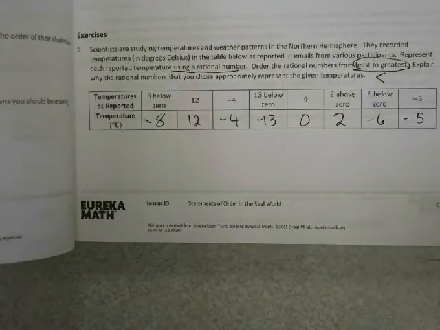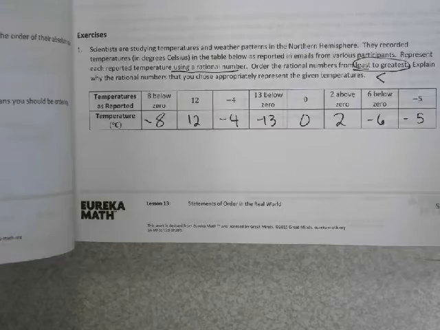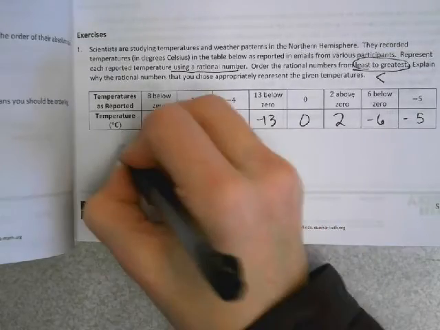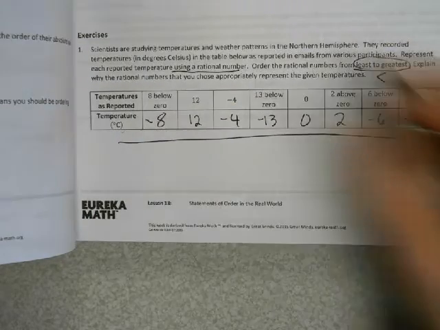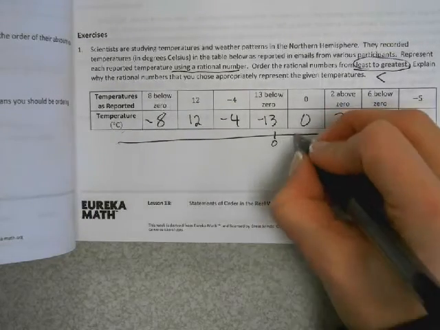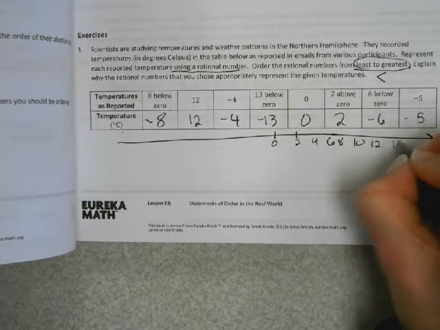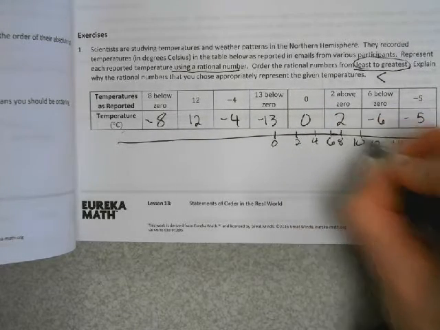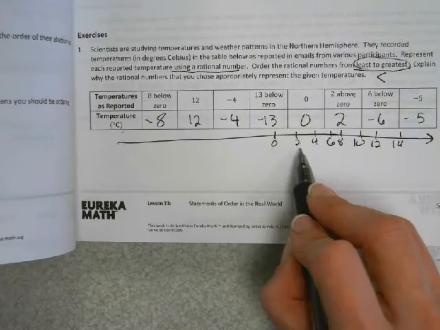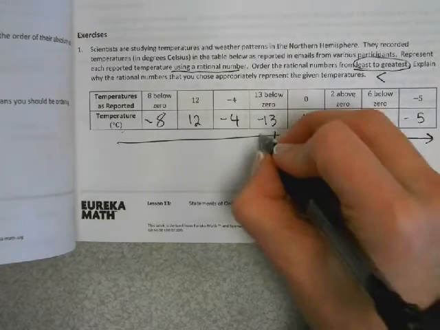And then we have to put them in order from least to greatest. Now, there are a couple ways that you can do this. You can make a number line. And you could count by 2s. 2, 4, 6, 8, 10, 12, 14. And then negatives, it would be the exact same numbers, just this way.